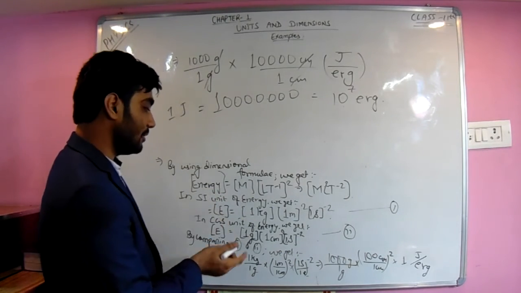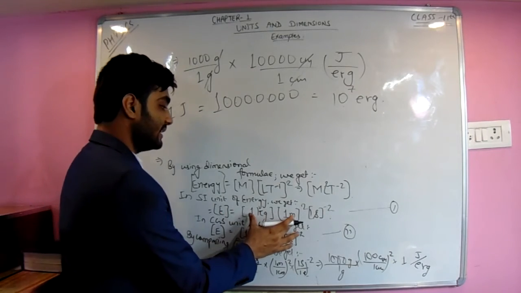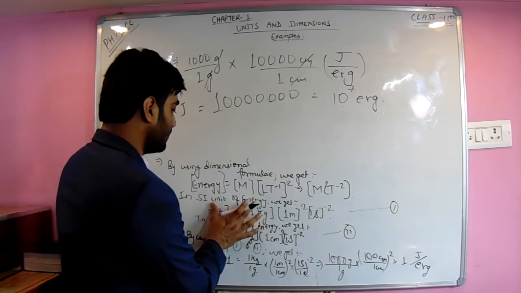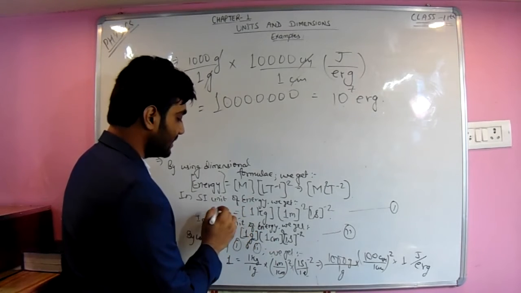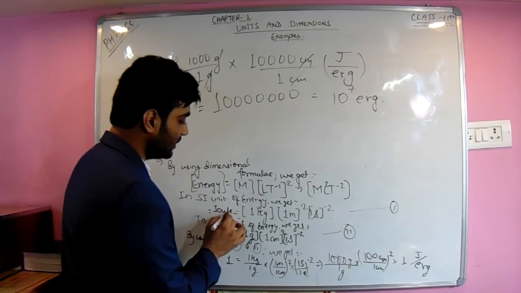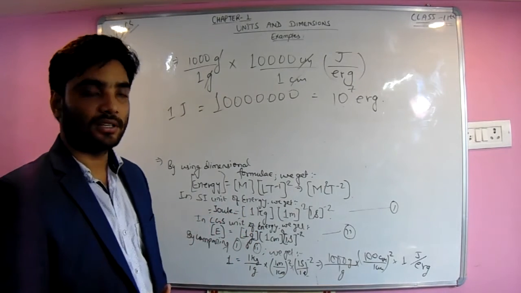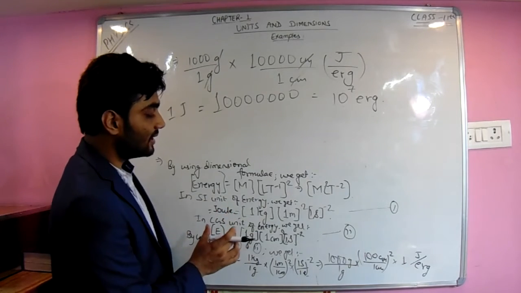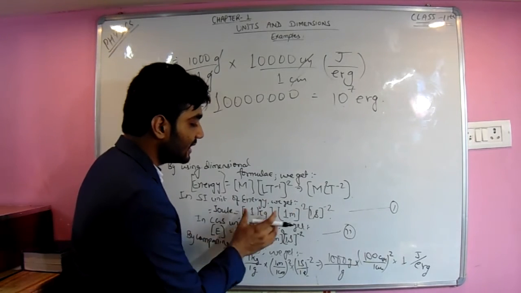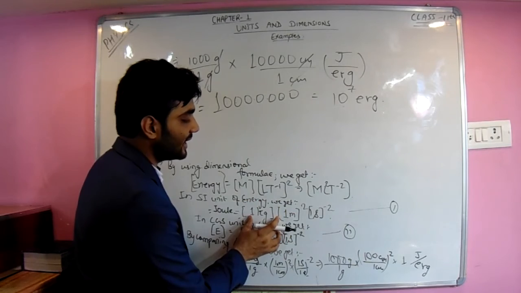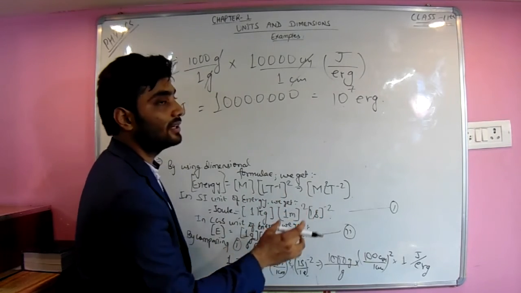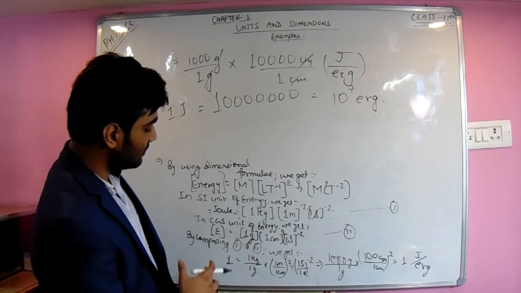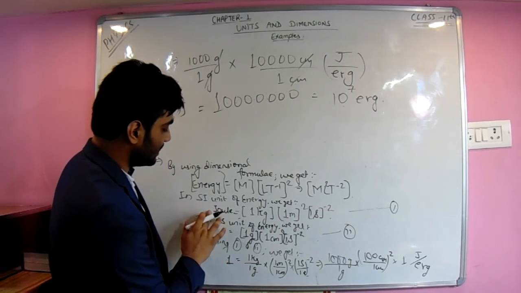This is the energy dimension formula, but here it is joule. Our SI unit of energy is joule, and it is equal to 1 kg, 1 meter square and 1 second power minus 2, and 1 erg.